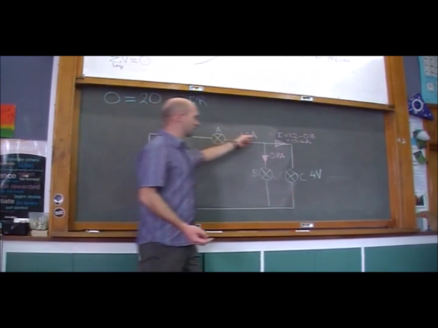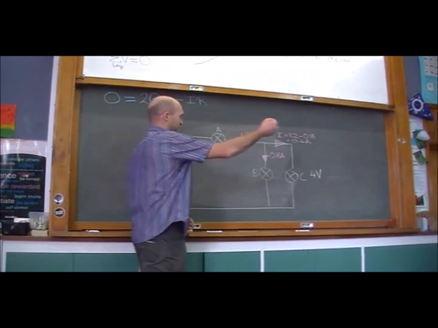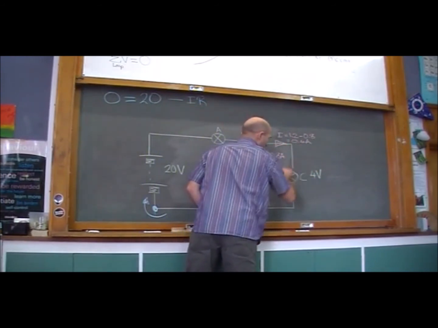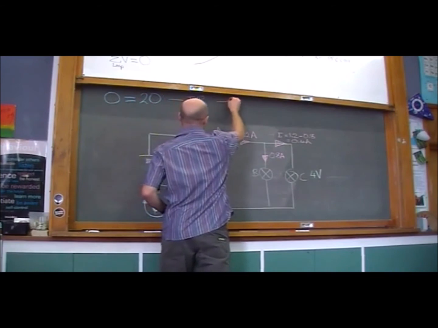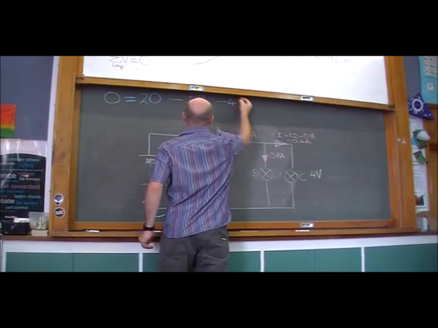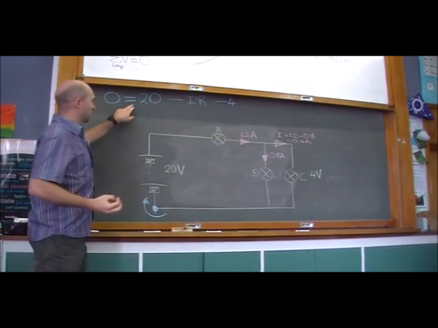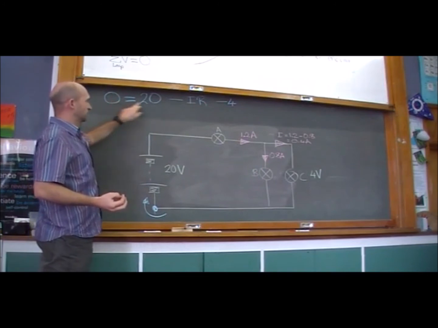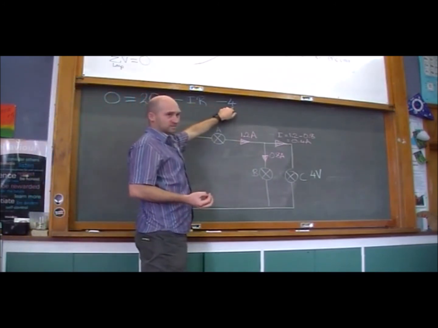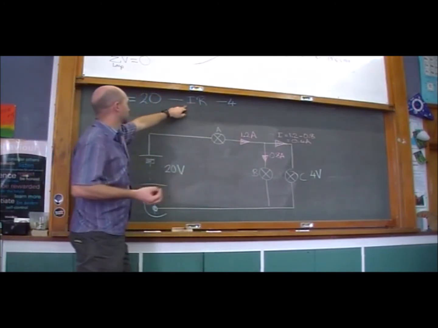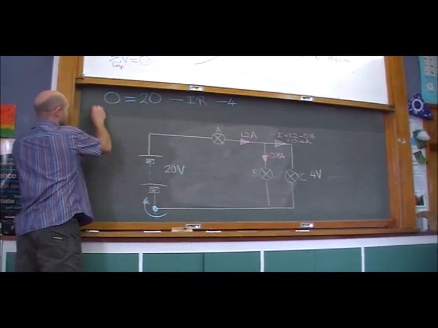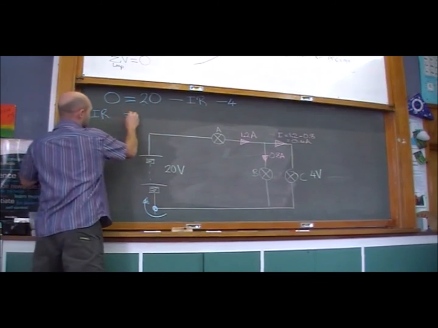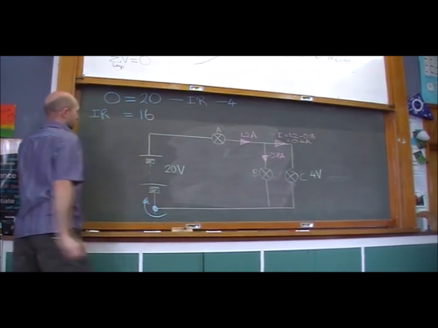We can see that this resistor here has got 4 volts on it, so minus 4. And so what we can see from that is that 0 is 20 minus 4, 16, minus IR. And so we can rearrange that to make IR equal to 16.